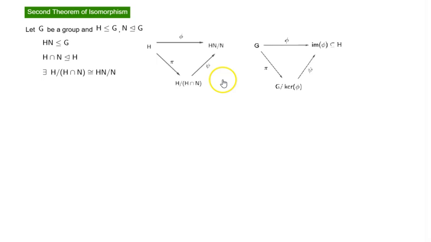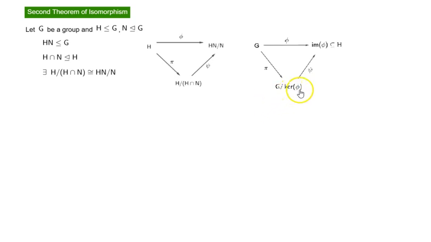If we compare these two diagrams, H is a subgroup of G. That means on its own, it forms a group. We have to show that H by H intersection N is equivalent to saying G by kernel of phi. So here, how can we do that?